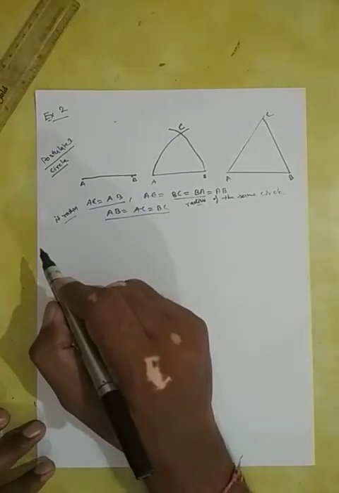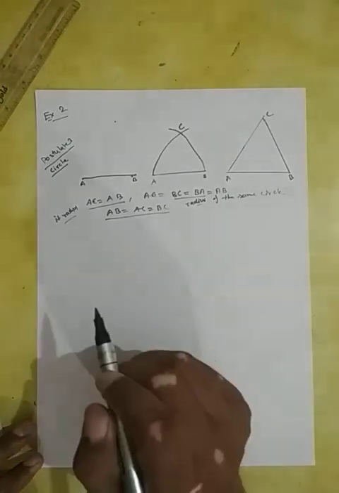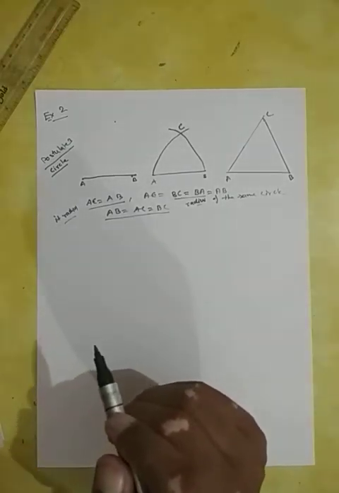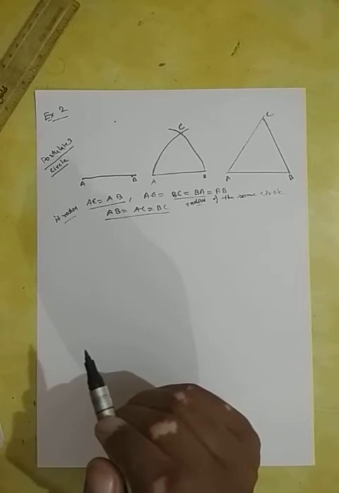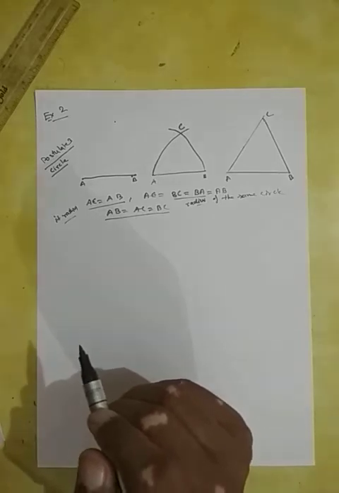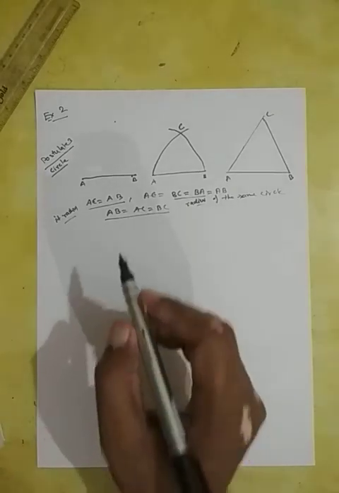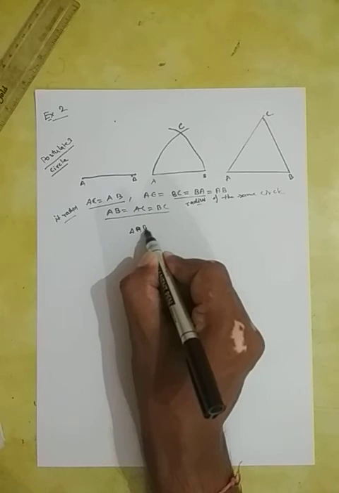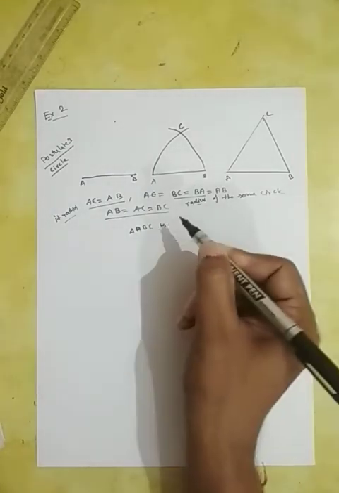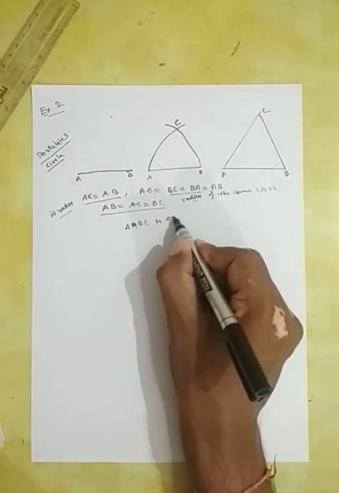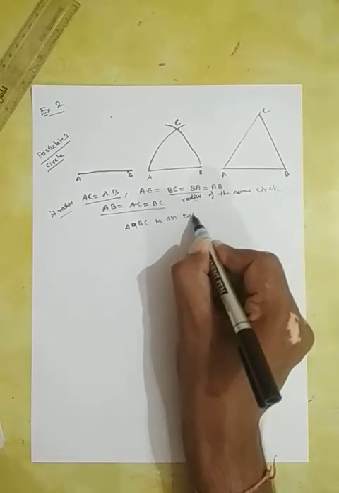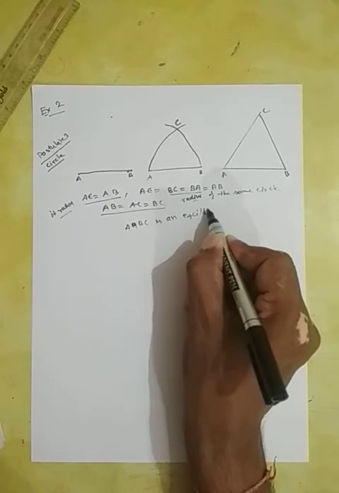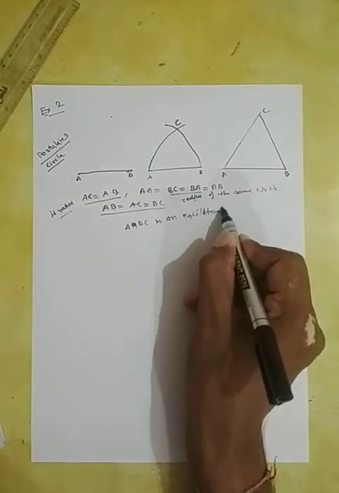So AB is equal to AC is equal to BC. So we are telling that triangle ABC is an equilateral triangle.